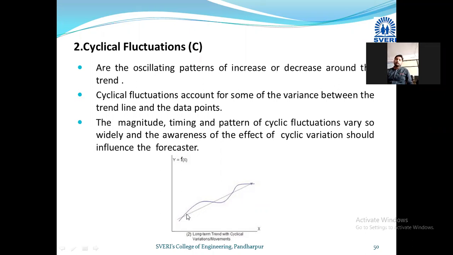But for the small time frame, let us say 5 year, we'll see there is a fluctuation or ups and downs for the demand in the market, for that particular product.